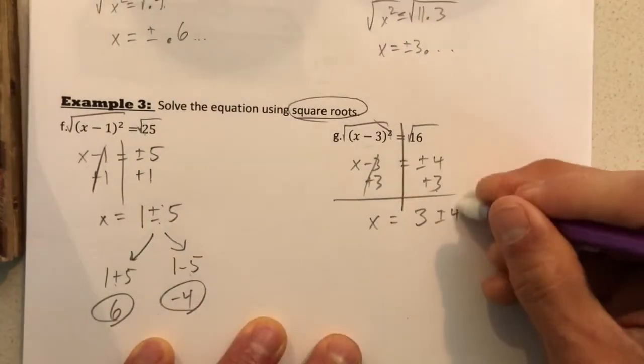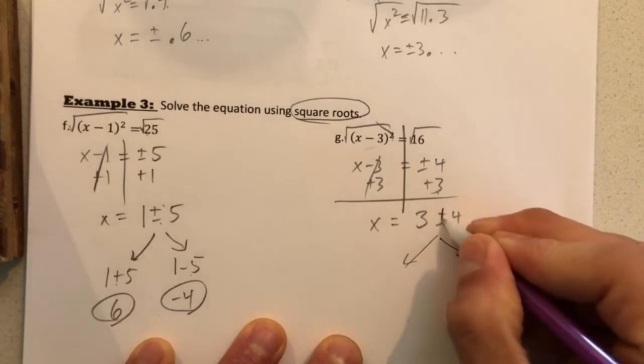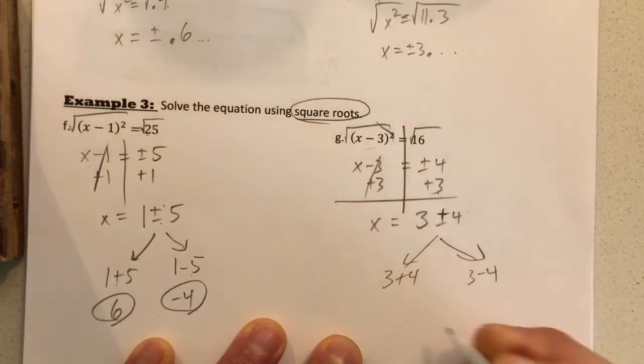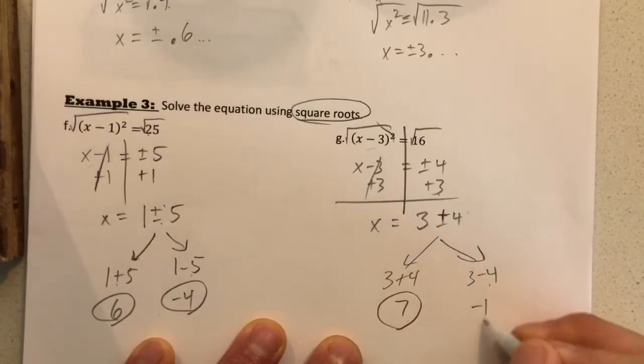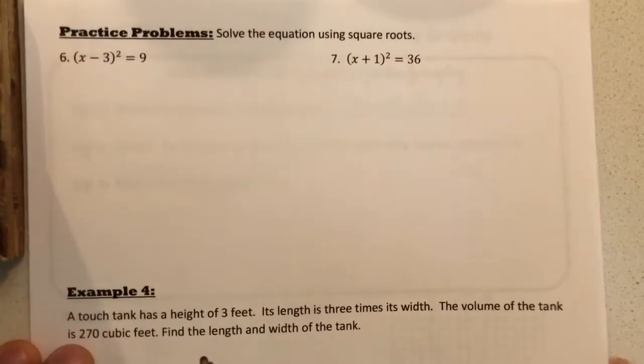So, two answers. 3 plus 4, 3 minus 4. That's a 7, that's a negative 1. All right, pause it one last time. Try these ones.